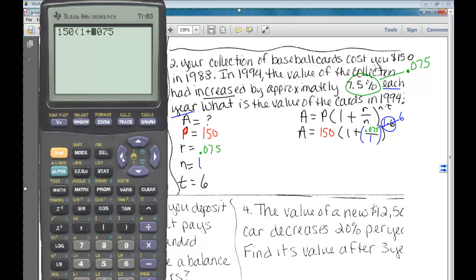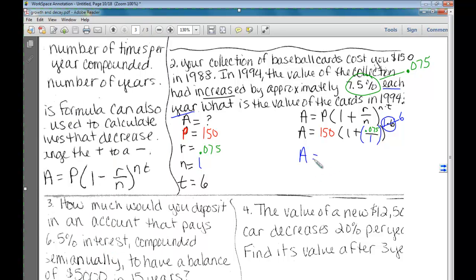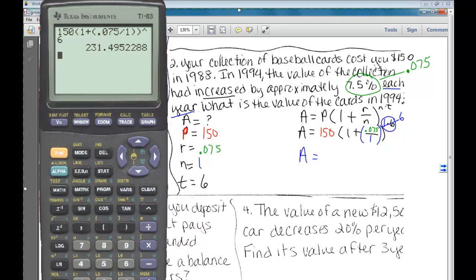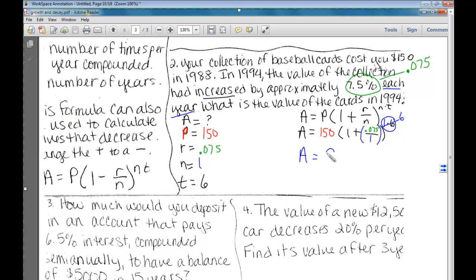Oops, I did not put this in parentheses. Open parentheses, 0.075 divided by 1. Close off the second parentheses and raise this to the 6th power. We get A is equal to $231.50.